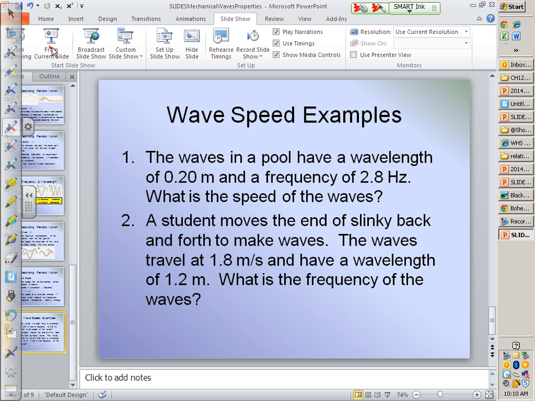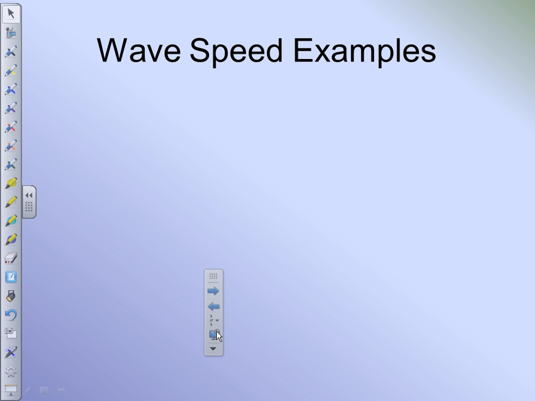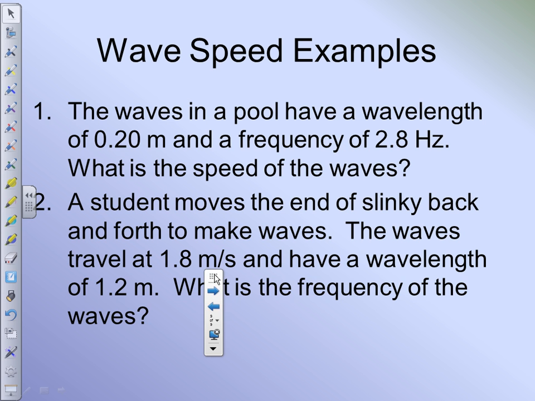Okay. Then, the next one says, a student moves the end of a slinky back and forth to make waves. Waves travel at 1.8 meters per second and have a wavelength of 1.2 meters. What is the frequency? So here, we know that speed is equal to frequency times wavelength. This question is asking us to solve for what?